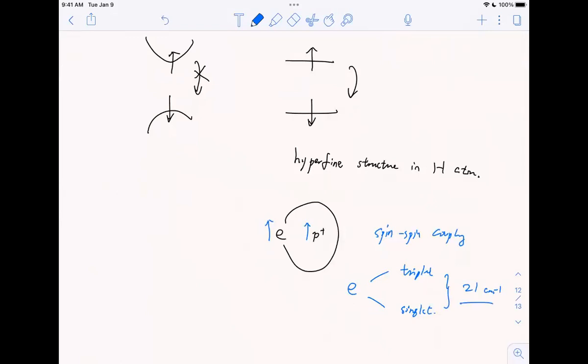So this one is very long lifetime, and people detect this as a signature of a hydrogen atom. They observe this signal from the galaxy. Sorry, not 21 wave number, that's my mistake. 21 centimeter wavelength, like it's a microwave emission, radio wave. So that lifetime is very long. Like you jump up to here, it takes a long time to flip the spin.